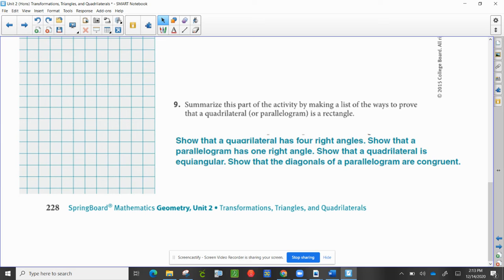And the last thing, if you can show that the diagonals are congruent based on all those congruent triangles, we can prove that that is also a rectangle. So those are kind of your main ways. So again, if it has one right angle, it has four right angles. If it has four right angles, that's equiangular, so it's a rectangle. And if the diagonals are congruent, we can also say right angle, which is a rectangle.